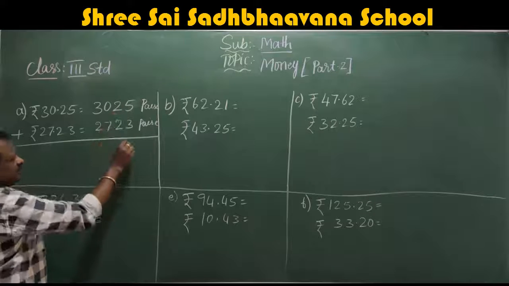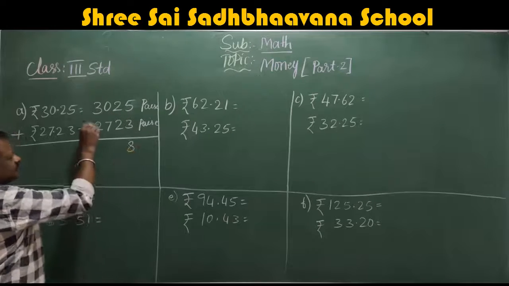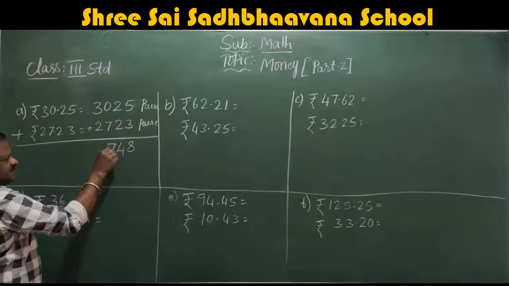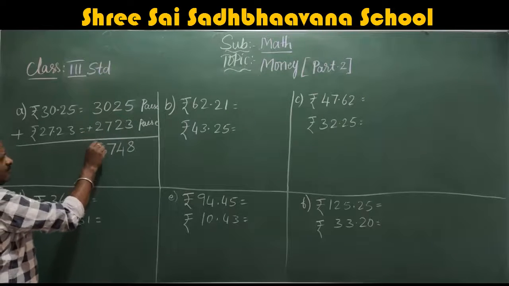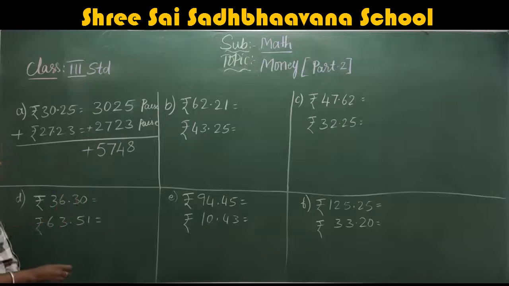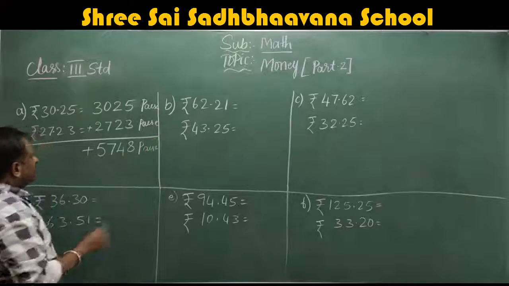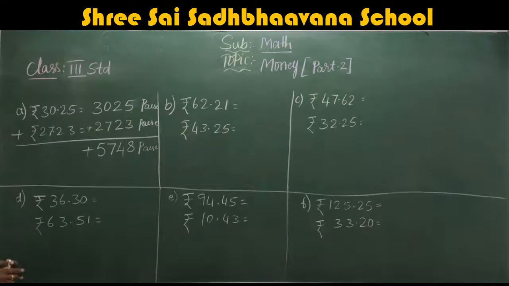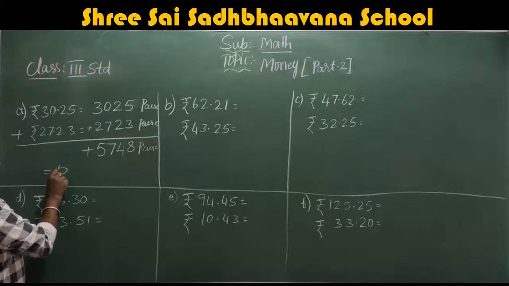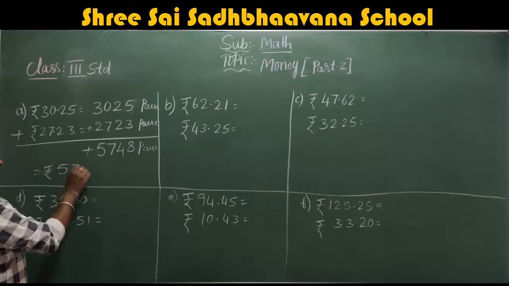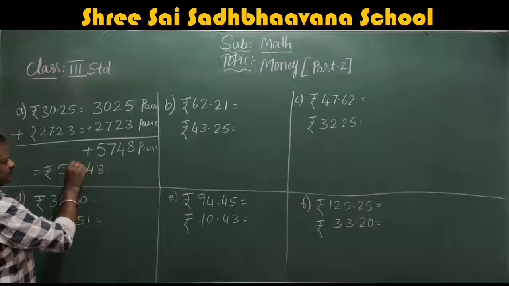Add 5 plus 3, 8. 2 plus 2, 4. 0 plus 7, 7. 3 plus 2, 5. So what is the amount? 5748 paise. If you write this in rupees, this will be rupees 57.48.